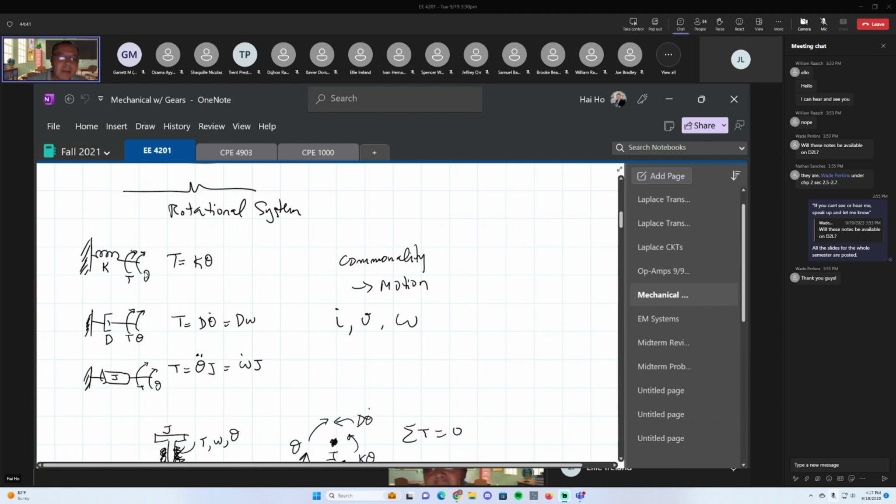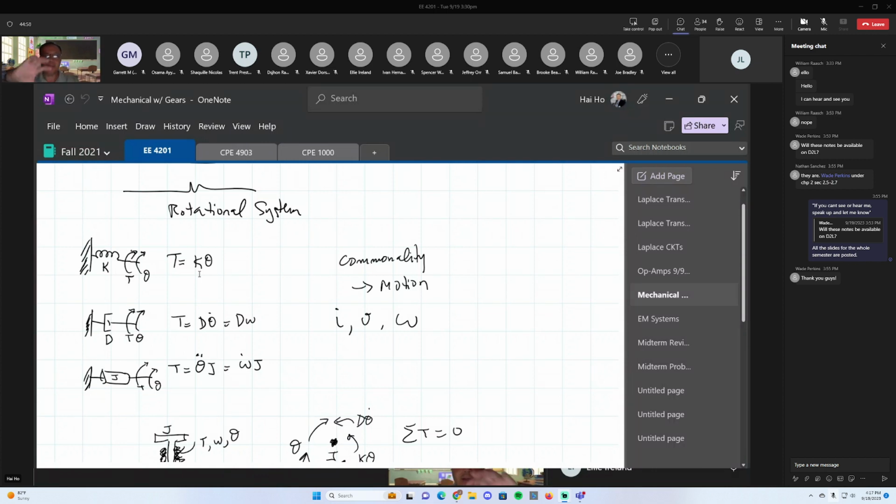Okay, and so a spring constant in a rotational system has the relationship torque equals the spring constant K times displacement. Again, think of it as a spring: if you try to twist or rotate the spring, the more displacement you want to impose on the spring, the more force you have to put in.